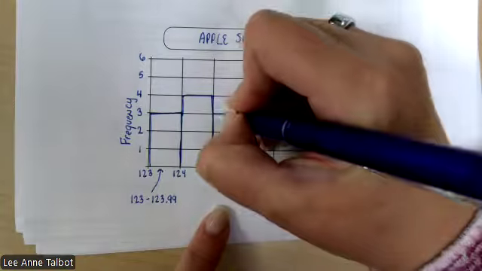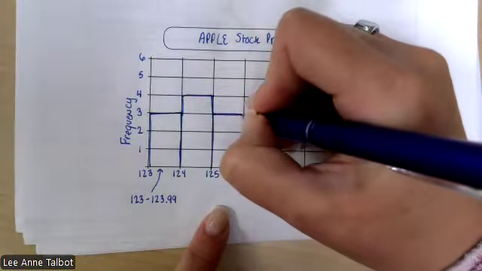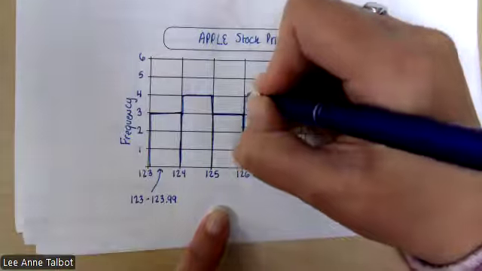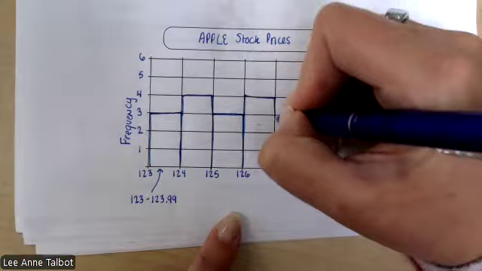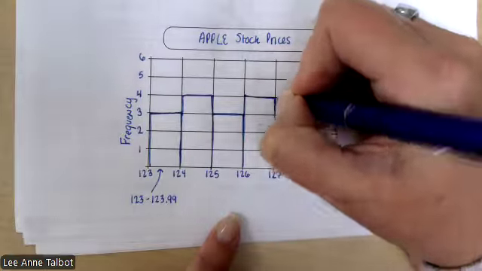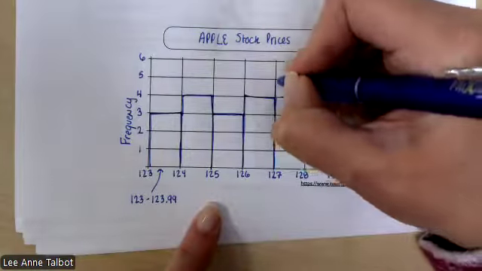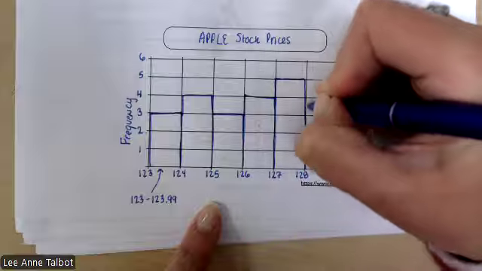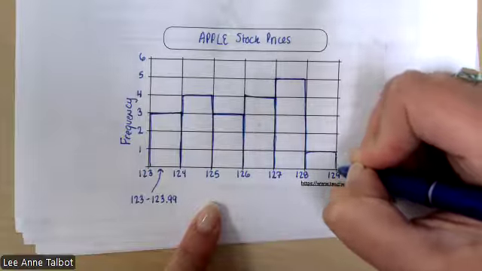And then 3. And then 4. It's super easy once you make the table beforehand. And then 5. And then 1.